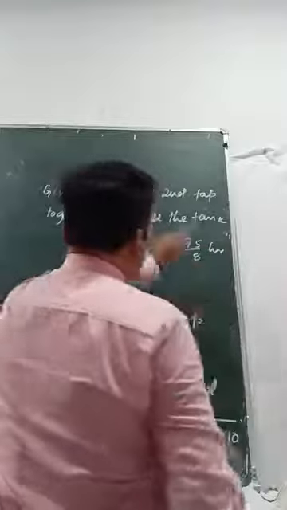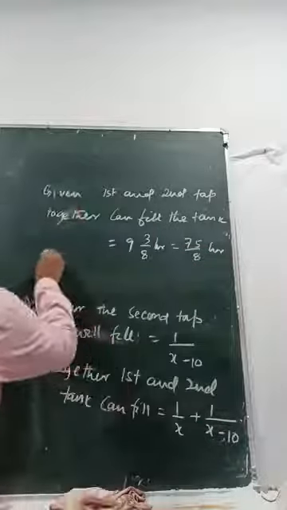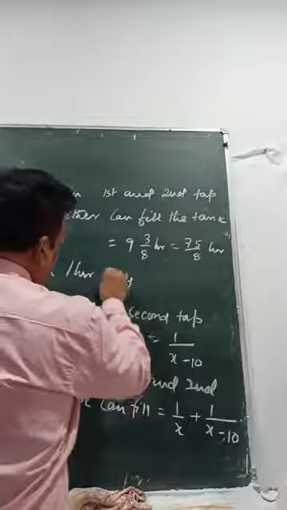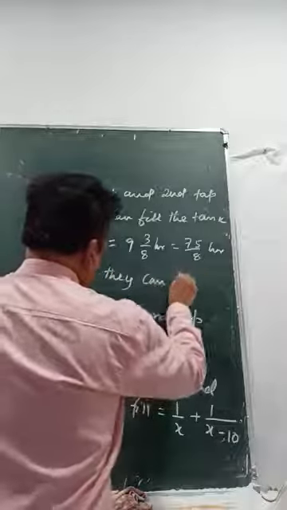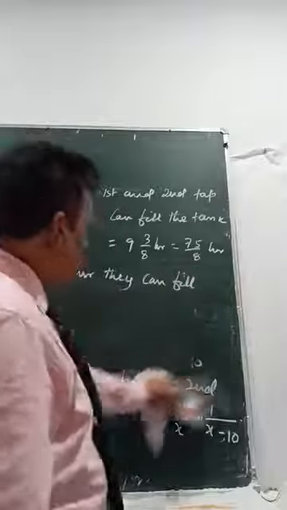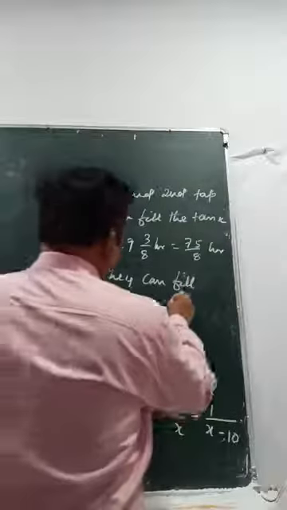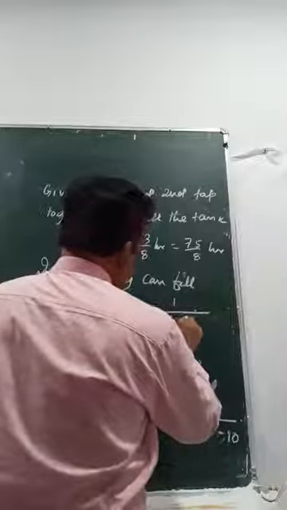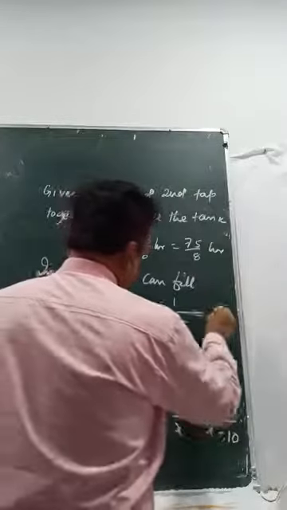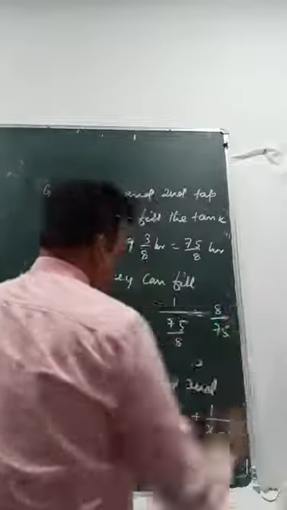This is the total time. Then in 1 hour, how much can they fill? Now 1 divided by 75/8, that means inverted, it is 8 by 75.